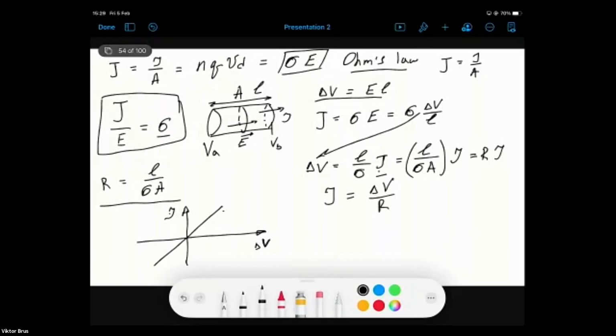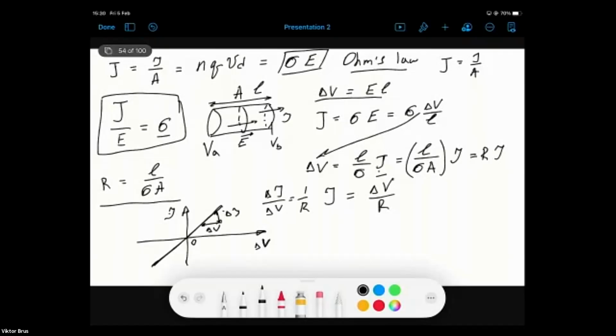At negative potential difference and at positive potential difference, here is 0 for current and potential difference, we always have linear dependence. And this slope, delta current divided by delta V, will give us 1 over R, 1 over the resistance of this conductor.